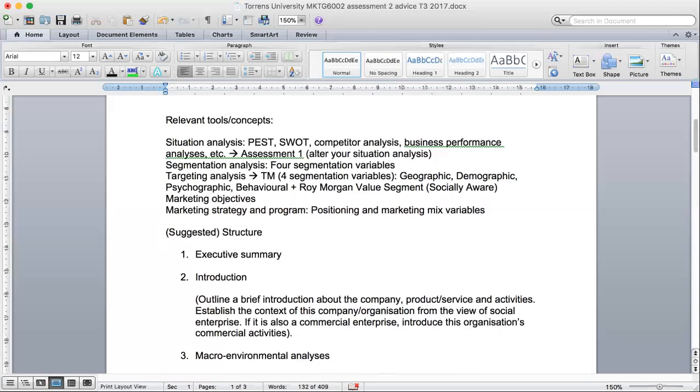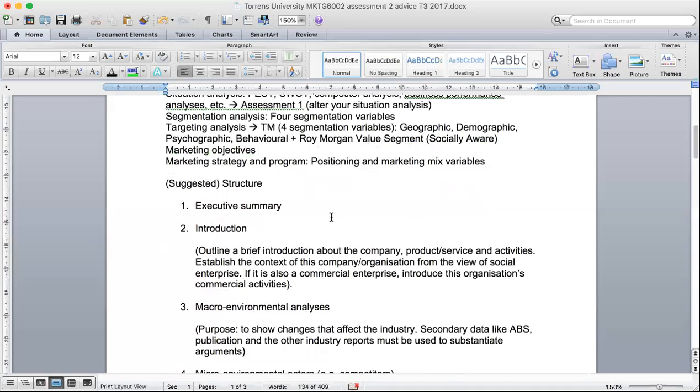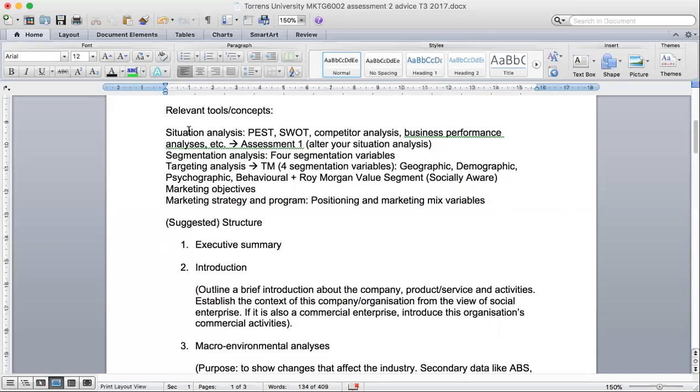Remember, we are analyzing a social enterprise. And then write down a marketing objective, then the marketing strategy and program that includes positioning and marketing variables. So these are the tools that we need to use in our assessment 2.